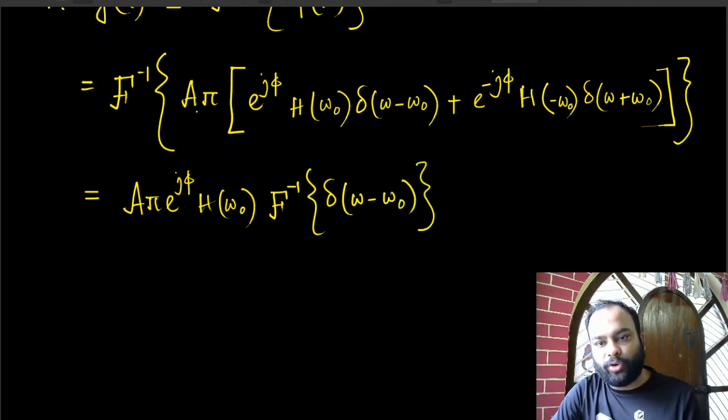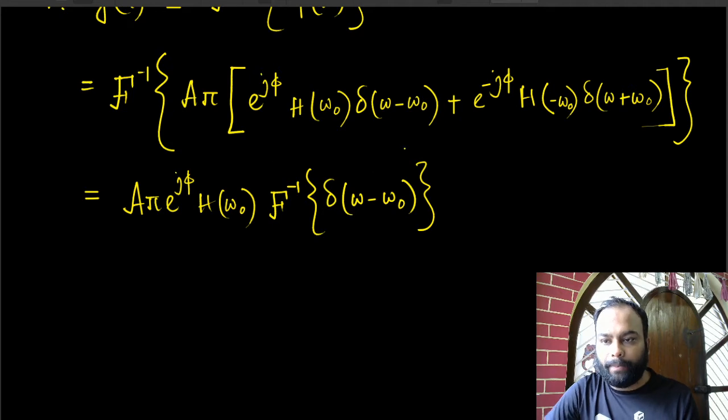So this Fourier transform is going to be applied independently on this and independently on this, right? When the Fourier transform gets applied independently on this, a pi e to the power j phi h omega naught, all these are constants. So all this can happily go outside, right?